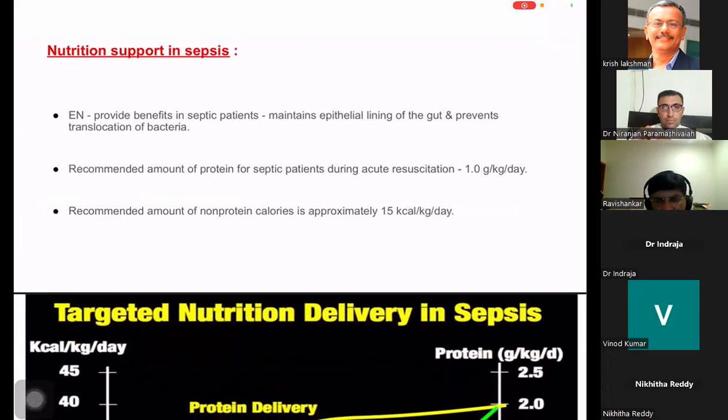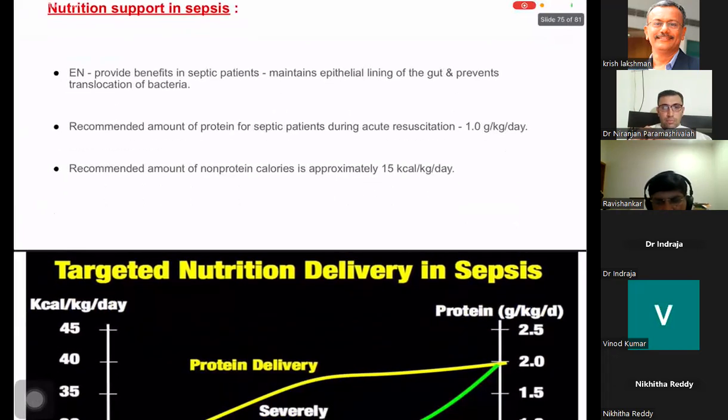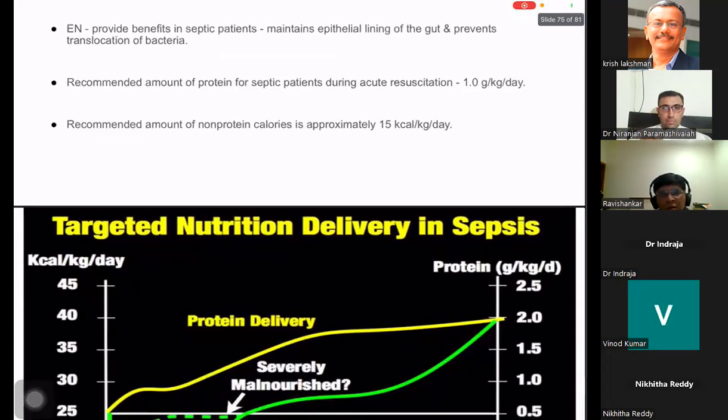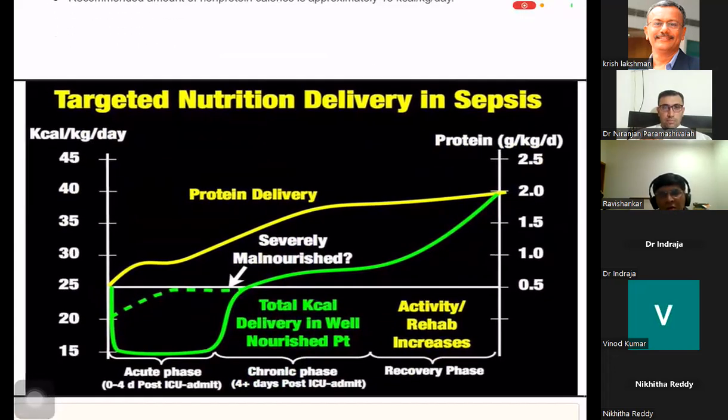Nutrition support in sepsis. Enteral nutrition can be given in septic patients if the patient is hemodynamically stable. It will maintain the epithelial lining of the gut and prevent translocation of bacteria. Nutrition can be divided into acute phase, chronic phase, and recovery phase.